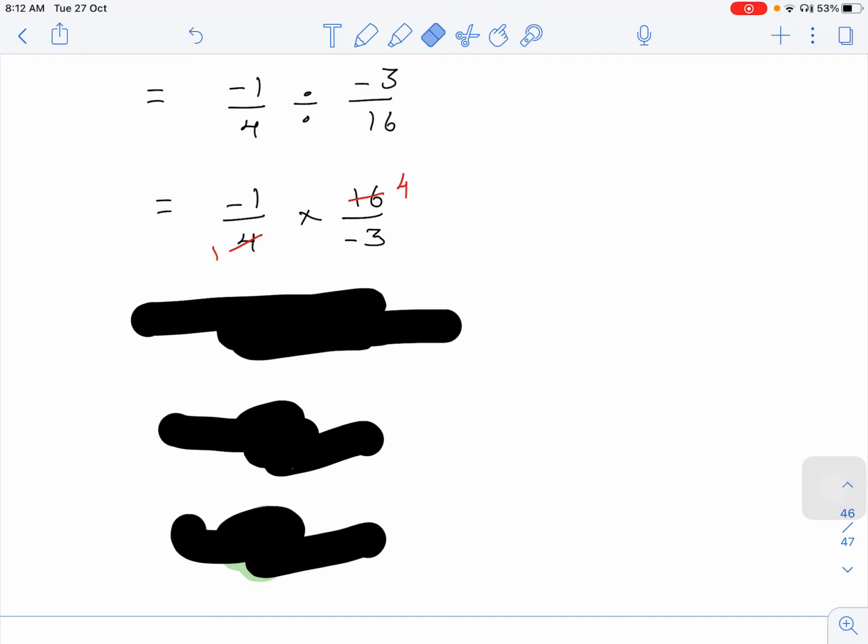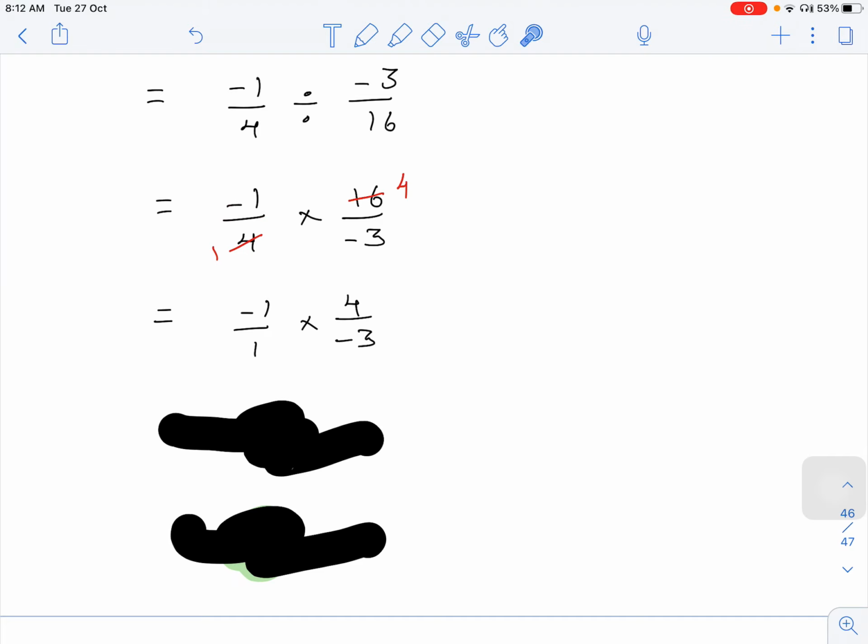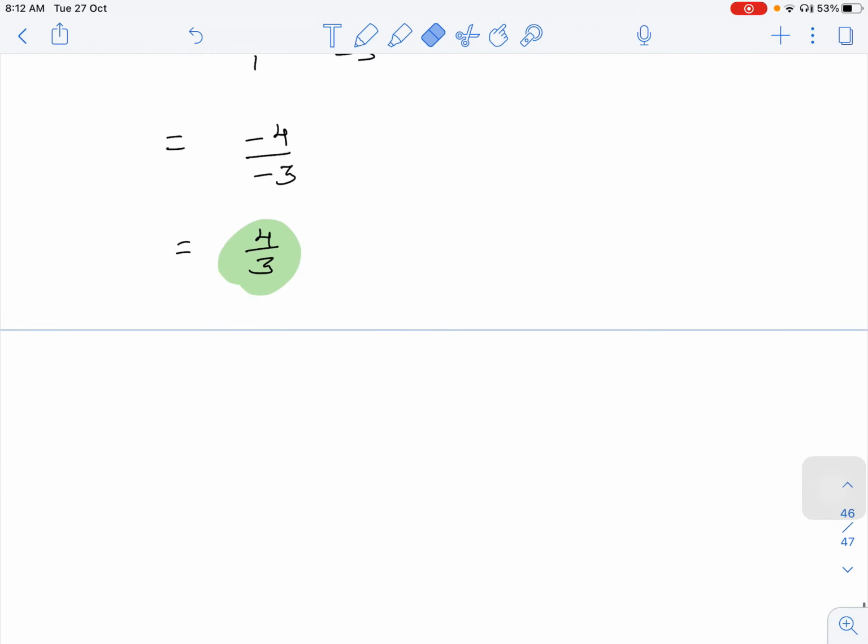So in the next step you will get minus 1 upon 1 as it is, into 4 upon minus 3. Now we will multiply numerator to numerator, denominator to denominator. So what will be our final answer? Minus 1 into 4 will be minus 4, and 1 into minus 3 will be minus 3. Now numerator and denominator both have the same sign, so we can write it as positive, that is 4 upon 3.